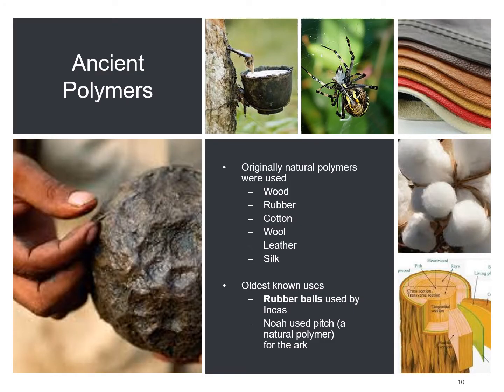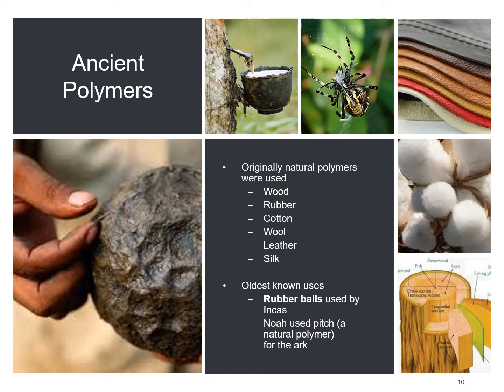If we look at history, when was polymer first introduced? It has already been used largely in the old days, and they are called ancient polymers. Originally, natural polymers were used, especially those from wood, rubber, cotton, wool, leather, and silk.